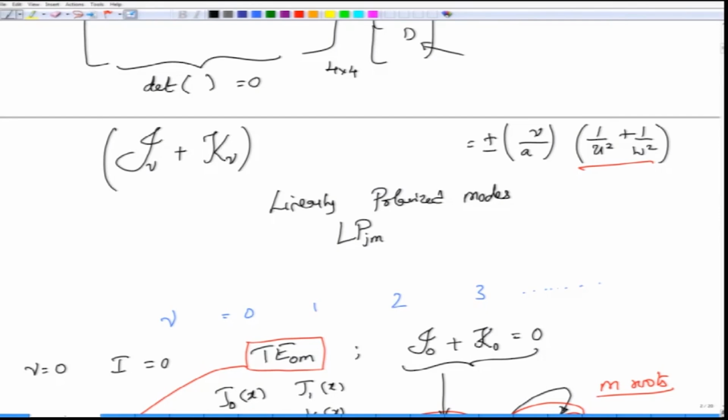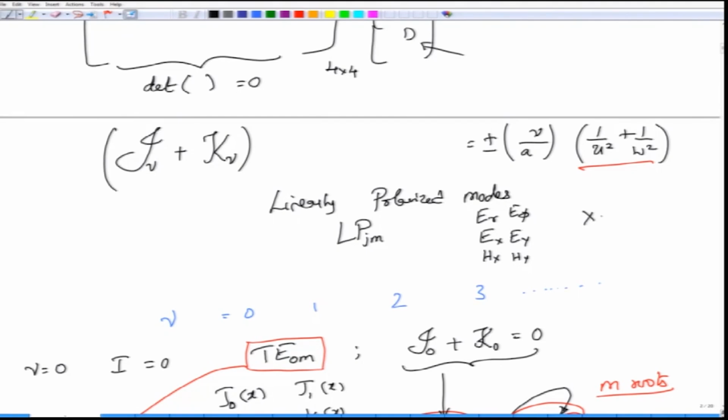The point about the linearly polarized mode is that you no longer have to think of ER and E phi in the transverse plane. Under this linearly polarized condition, which applies only when the weakly guided approximation is made, instead of ER and E phi you can talk about EX and EY. Similarly, you can talk about HX and HY.